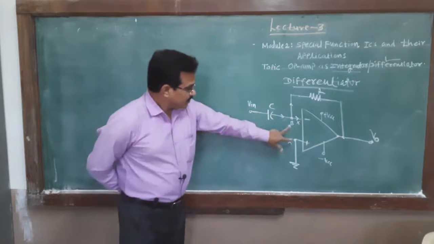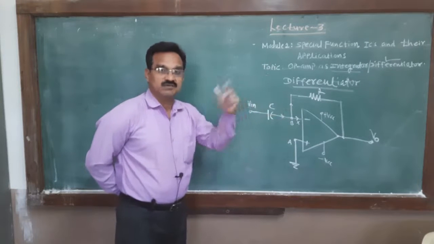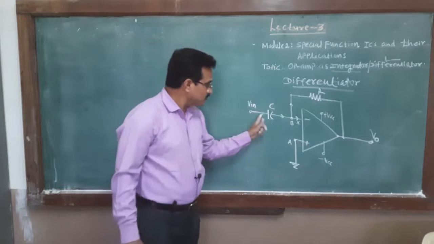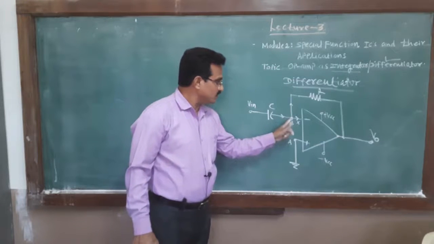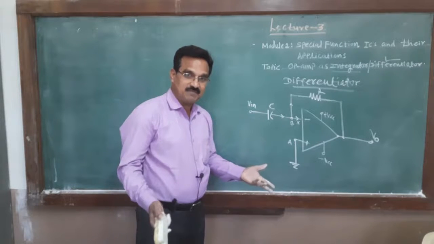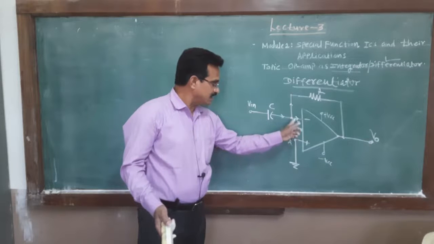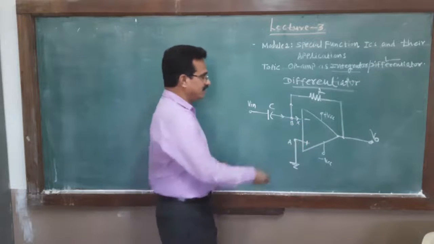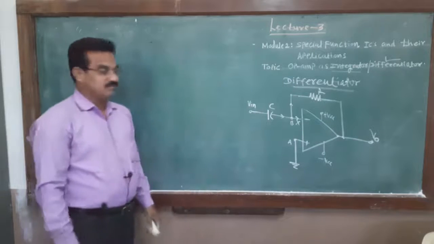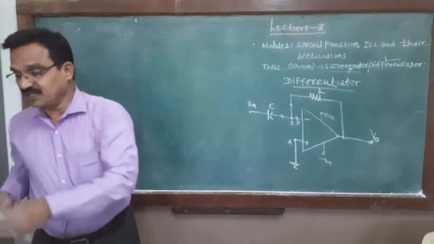Again point B acts as a virtual ground because of the infinite gain. Again the current flowing through this capacitor and the current flowing through this resistor are the same, because input impedance is infinity, so current cannot flow through this path. Concept is same. Then, how will you obtain the equation?